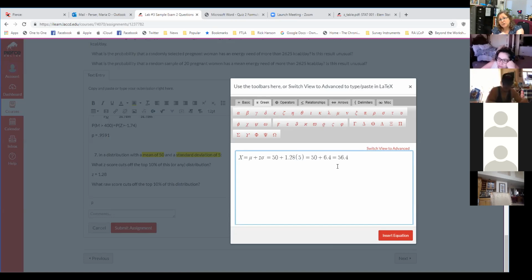Well, the score that would actually cut off the top 10% is 56.4. Anyone below that, that's going to be your 90th percentile. So if someone scores a 56.4, you're at the 90th percentile. And 90% of individuals did worse than you did.